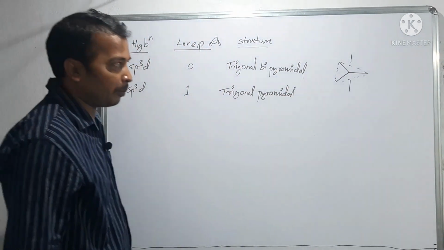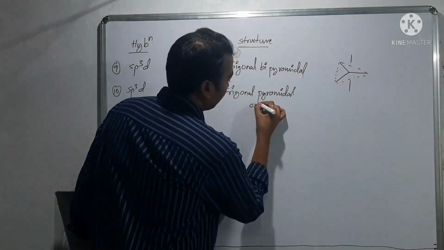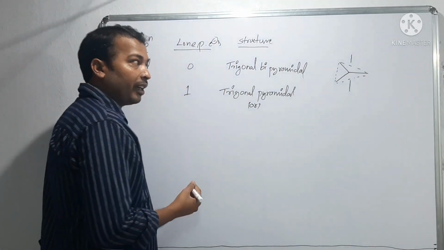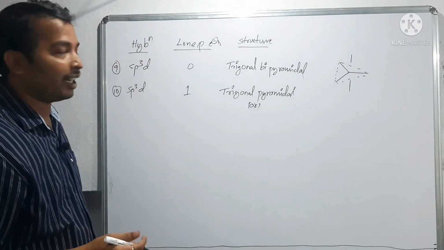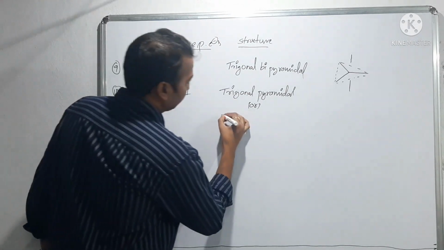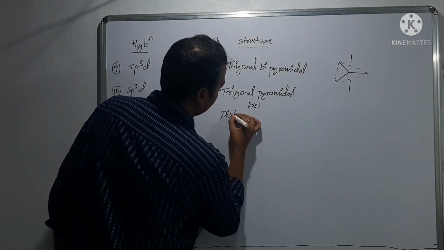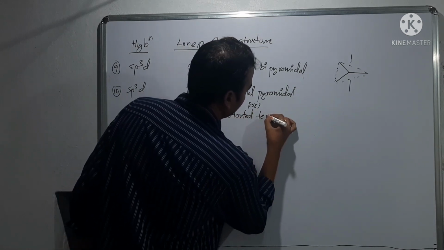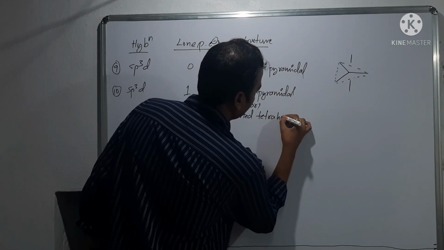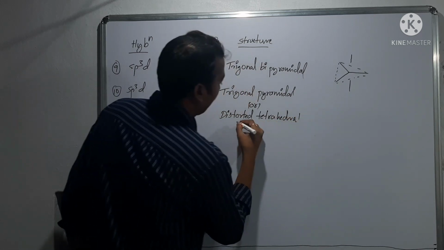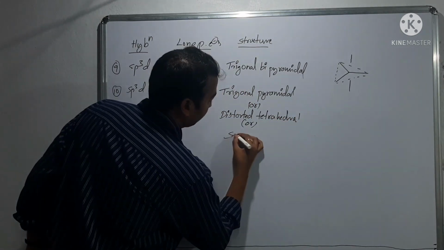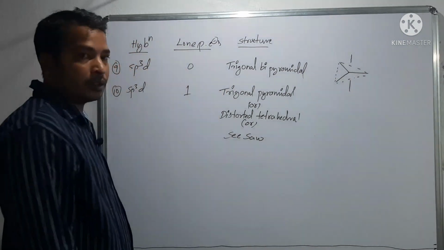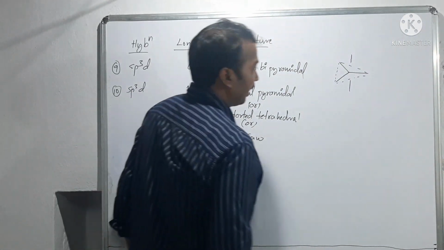It can also be called distorted tetrahedral, or it can also be called seesaw. So the structure will be like this.